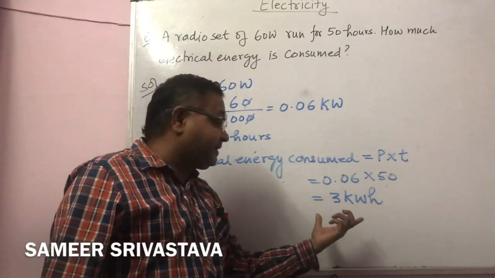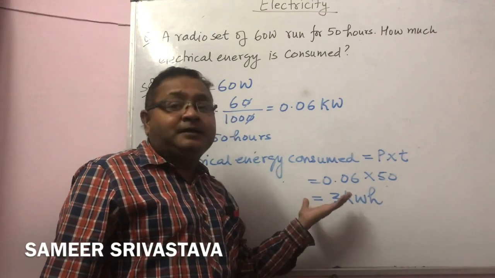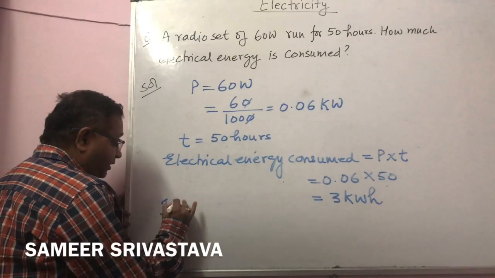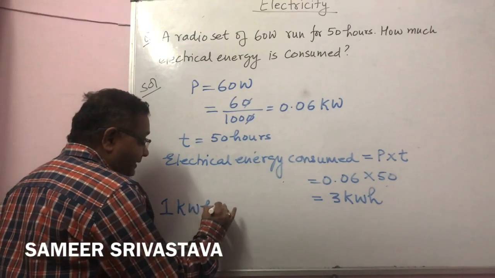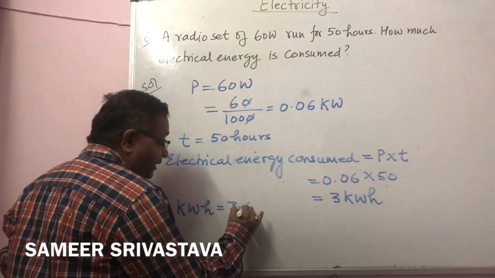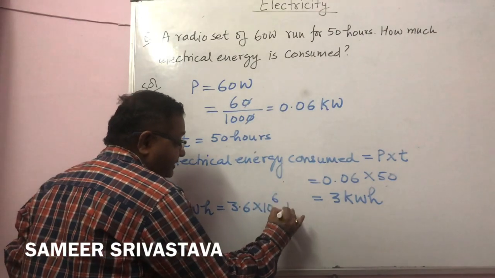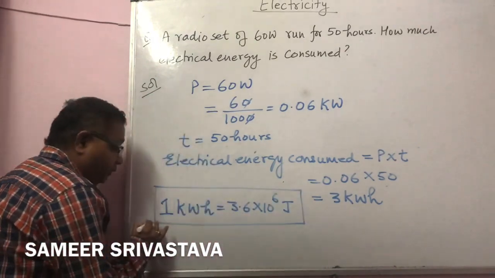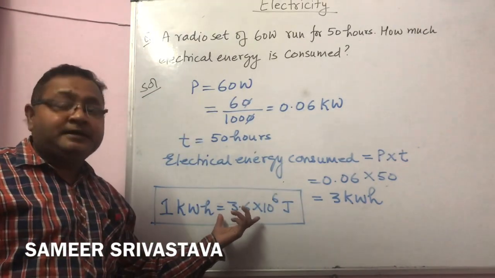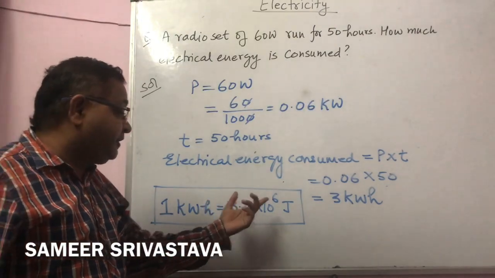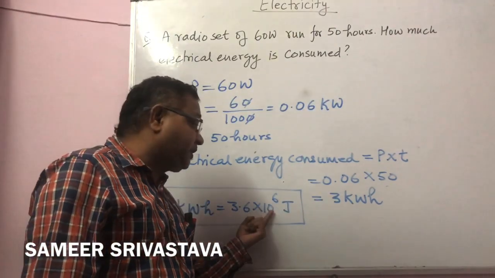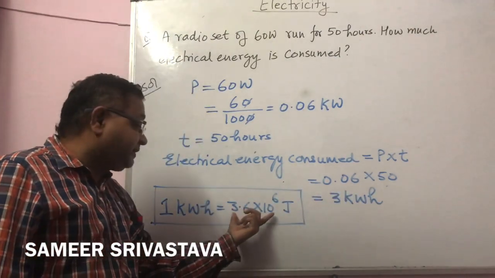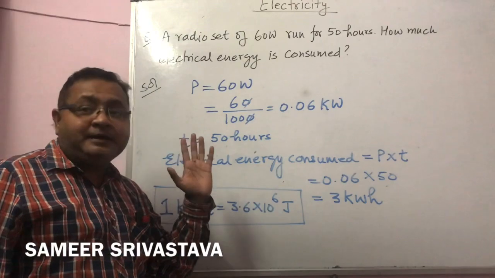And if the question says convert this value into joule, then what do you do? Note down: 1 kilowatt hour is equal to 3.6 into 10 raised to power 6 joule. So if you want to convert this unit into joule, you have to multiply this kilowatt hour with 3.6 into 10 raised to the power 6 joule.